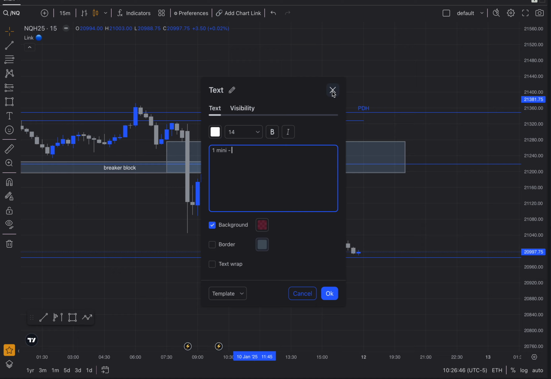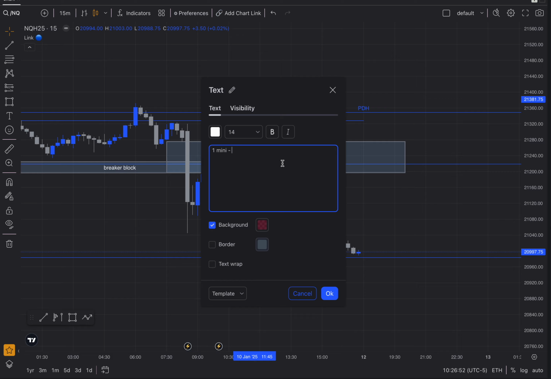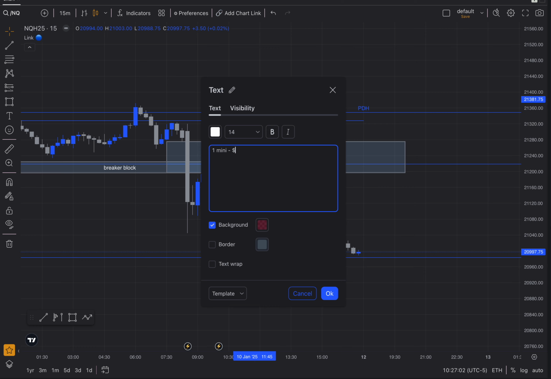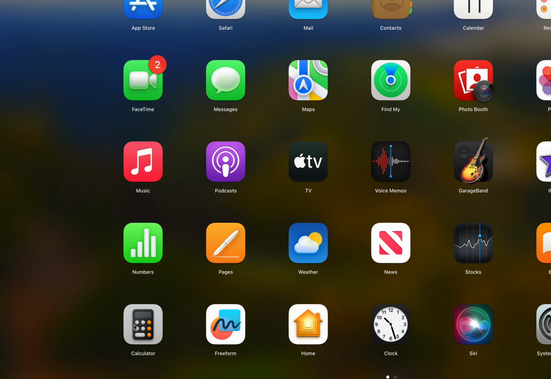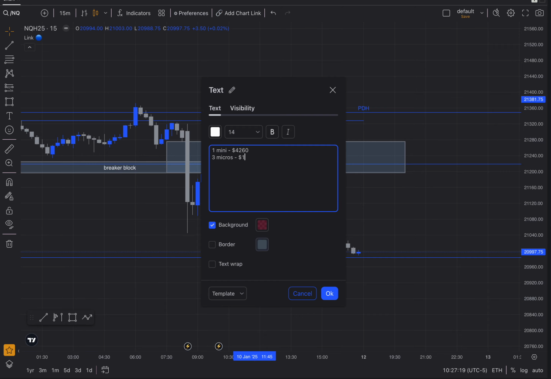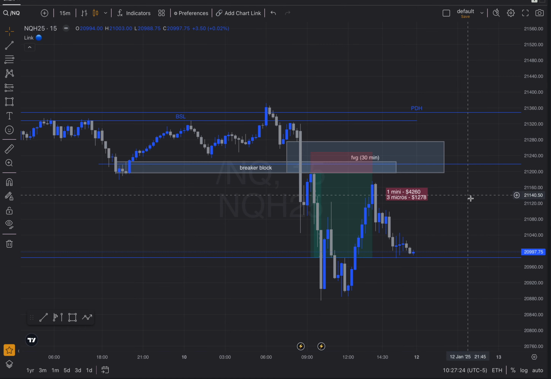How many points did I say? 213. 213. 42.60. 3 micros would have been $2 a point, but we got 3 contracts, so 6 times 213, 1278. And that is what you could have made.